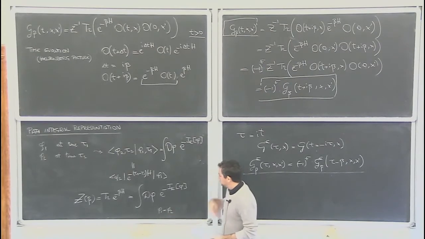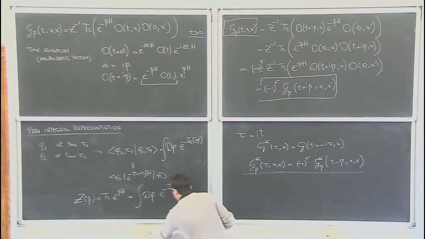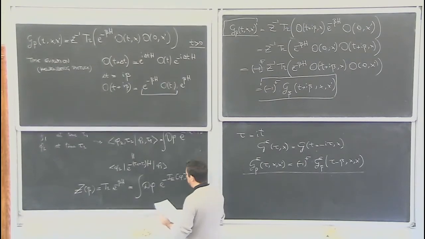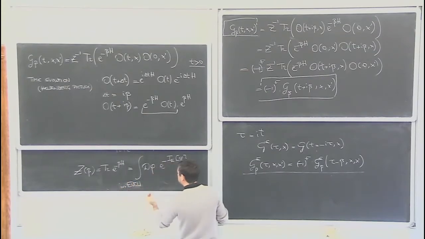We have taken the evolution around a circle of period beta in Euclidean time.